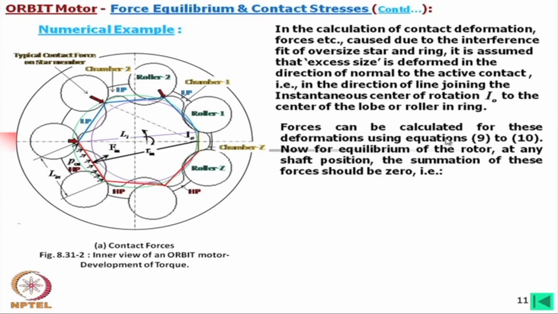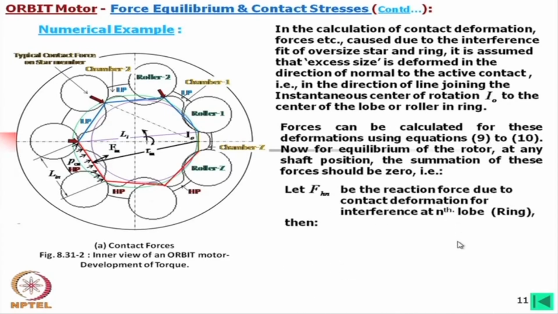So, here I have shown that using equations 9 and 10 one can try to find out the forces, but we have to follow a particular technique to find out these forces. Let F_Hn be the reaction force due to the contact deformations for interference at the nth lobe.